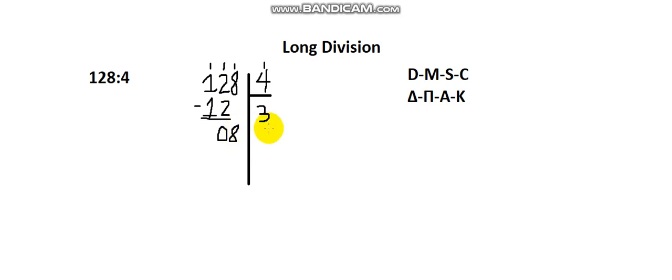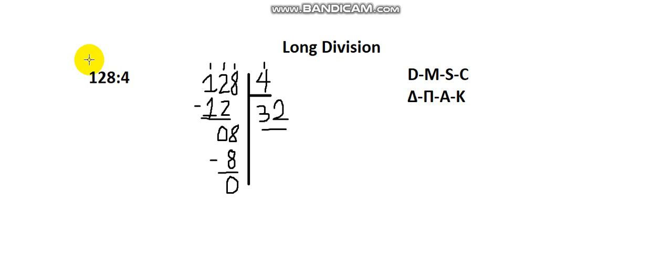And again from the beginning, how many times does 4 go into 8? 2 times. 2 times 4 makes 8. 8 take away 8 is 0. I try and pull down the next digit. Oh, there is no next digit, so the exercise is done. This is my result.